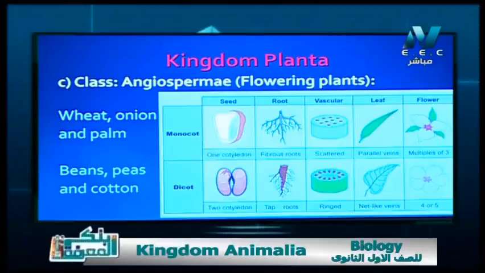So we call the flower trimerous, while in dicotyledonous plants we find 4 leaves or 5 leaves in each whorl, in each circle, and we call them tetramerous or pentamerous. So the flower is trimerous in case of monocotyledonous plants, and tetramerous and pentamerous in case of dicotyledonous plants.